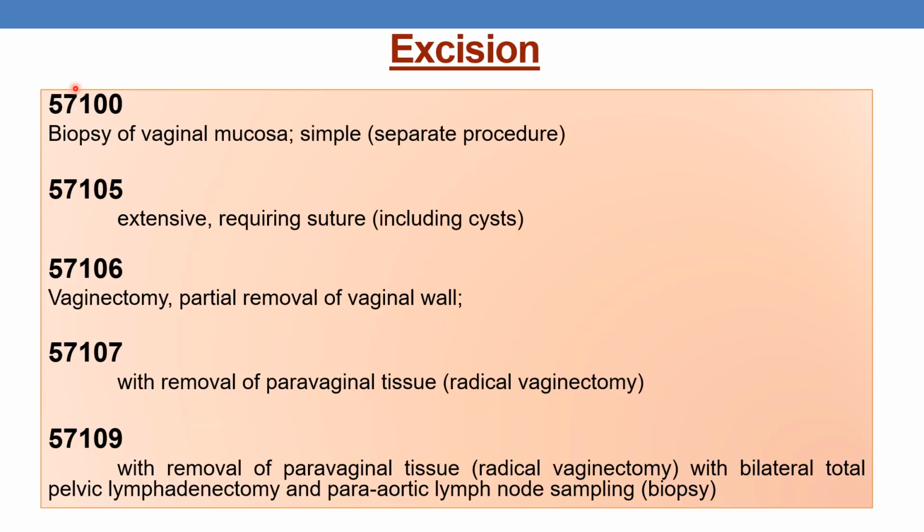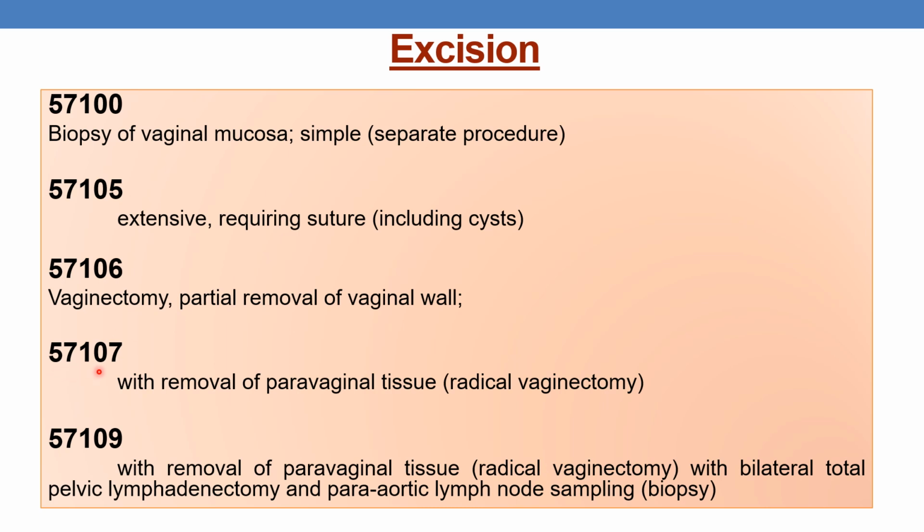Now coming to excision CPTs. The first one is 57100, biopsy of vaginal mucosa, simple. Next, 57105, biopsy of vaginal mucosa, extensive, requiring suture, including cysts. The next is 57106, vaginectomy, partial removal of vaginal wall.